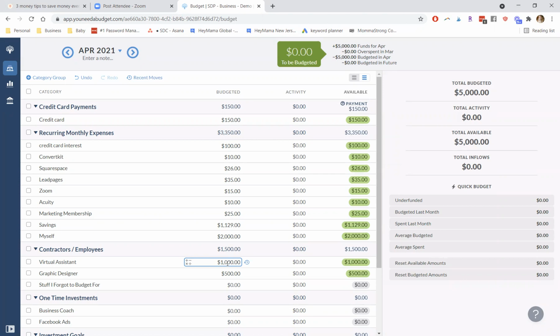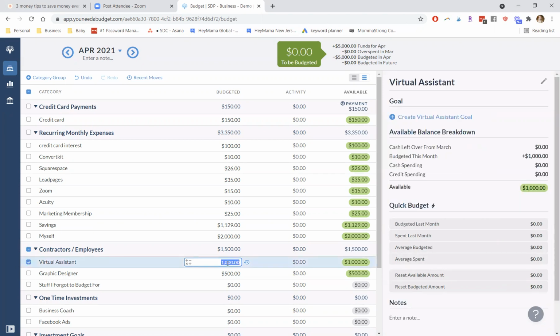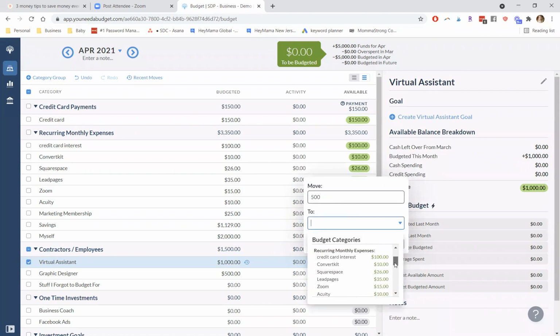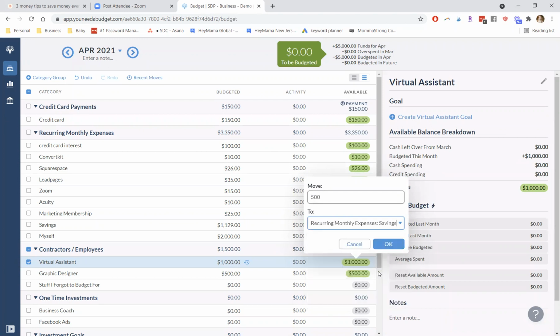But what I would say is don't go below 3 months. It's a little scary then, and we just don't want you to get back into credit card debt. So again, this is temporary. The things we're doing are going to be temporary. So let's say with the virtual assistant, you're like, I think I want to cut back on her hours because I really want to build this savings account. So I'm going to move $500 of it to my savings account and then see how much I'll be able to save then.